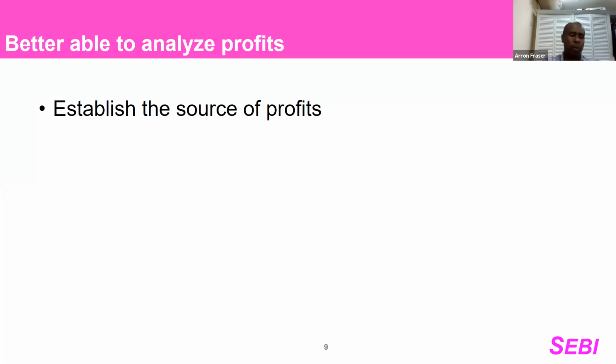You can see which are complementary products, right? Those which are substitute products. So it allows you to do all of that, so you can establish exactly where the profits are coming from, and also those which can tie up your liquidity. So those that are slow moving items or even obsolete items that you have to get rid of. But ratio analysis will do that.